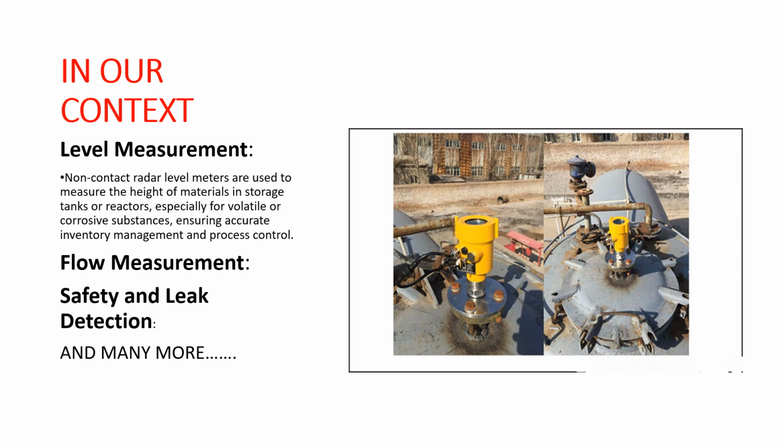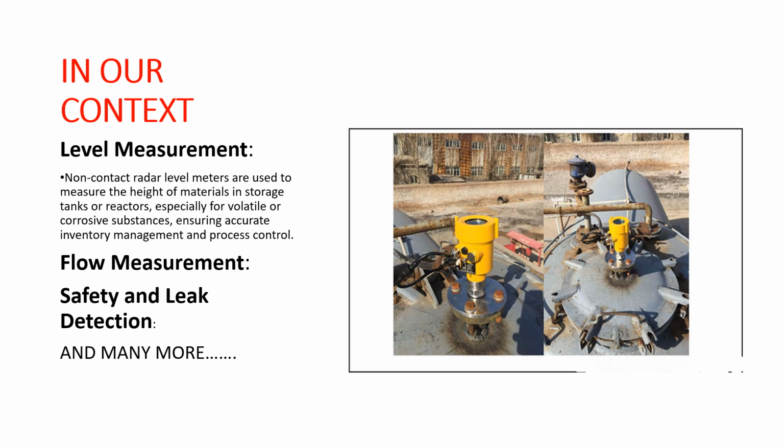So radar has various applications in all the fields, in the interdisciplinary fields. But coming to our chemical engineering, it is very useful in level measurement, where non-contact radar level meters are used for measuring the height in the tanks and in the reactors, especially for volatile and corrosive substances, ensuring accurate inventory management and process control.